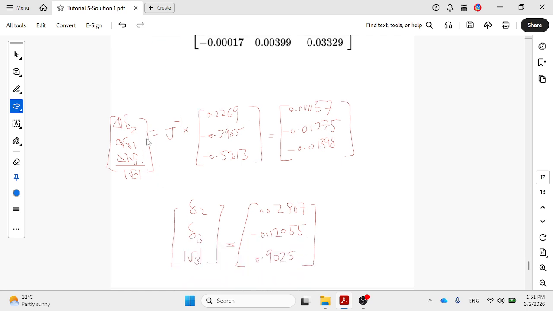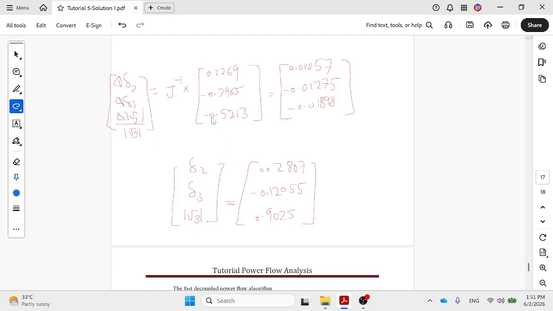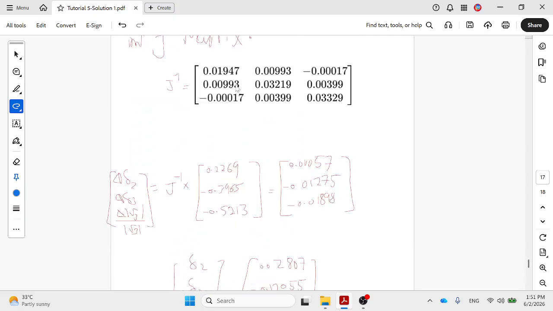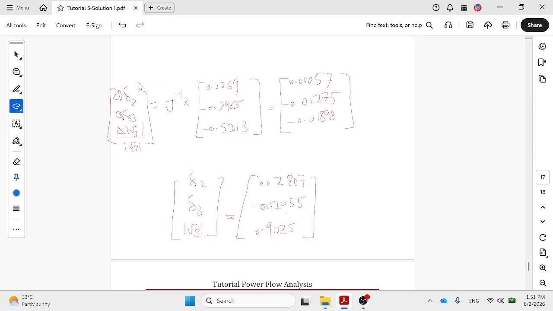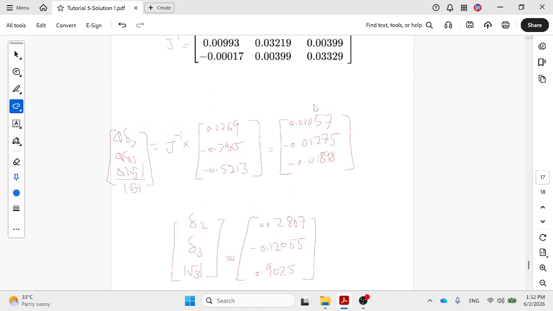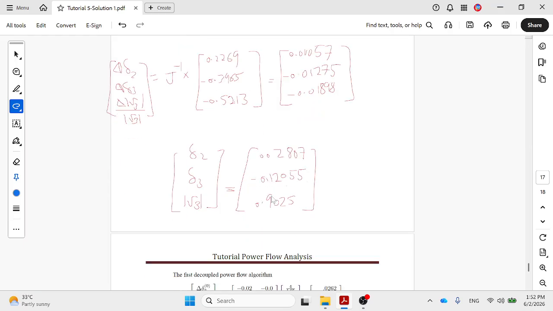Then the final value calculated by me: you can see the Jacobian matrix needs to be multiplied by the mismatch, and this gives delta 2, delta 3, and delta V3 over V3. When you add this to the previous value from iteration 1, which here was 0.0275, this one is minus 10.78, and you can calculate the others.